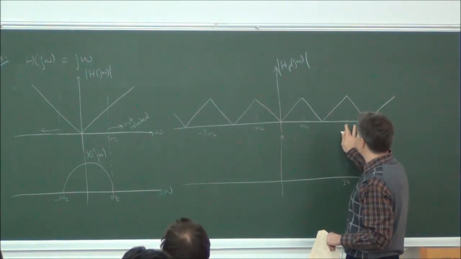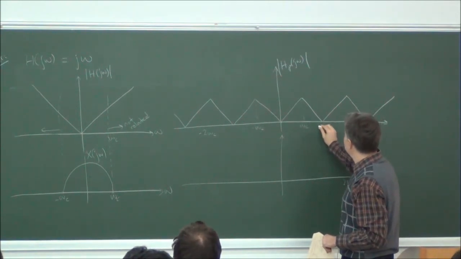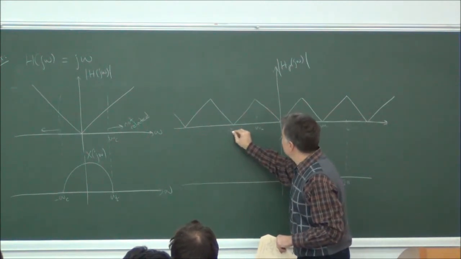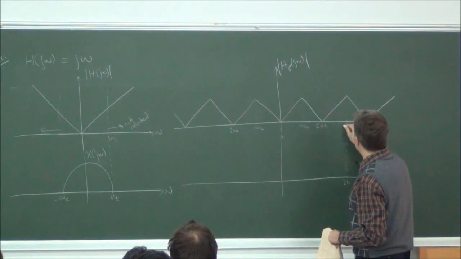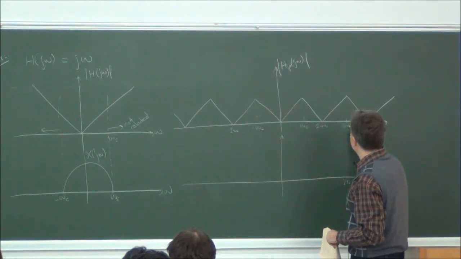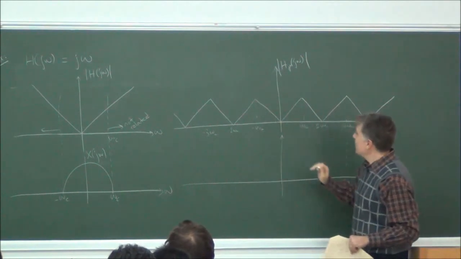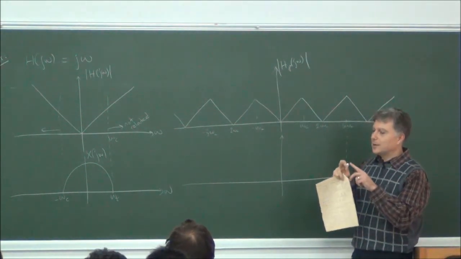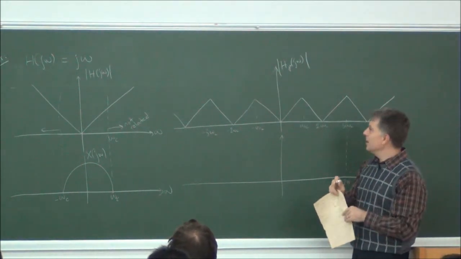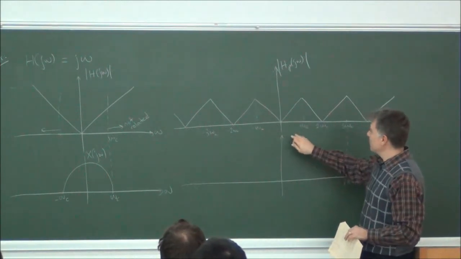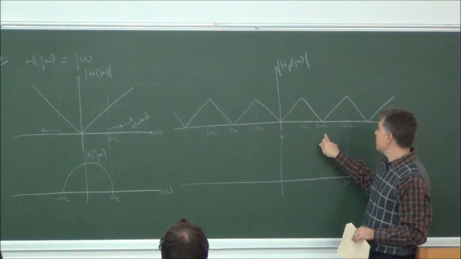Sorry, it's not omega c here. Twice omega c is here. I'm sorry about that. This is minus 2 omega c, and this is 3 omega c, and this is minus 3 omega c. Sorry about the confusion, because I'm usually expecting the triangles to be in the center. It's not a triangle in the center, it's a V shape. So this is the correct legends.